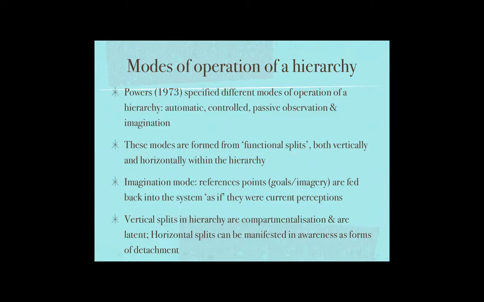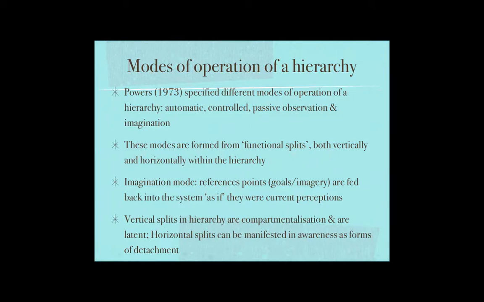But one key thing is the imagination mode, because this allows our own internal standards and goals, which we often represent as images of what we want to perceive. This mode allows us to feed that goal back into the layer where it's perceiving, so that we can imagine as if we were currently perceiving that experience.